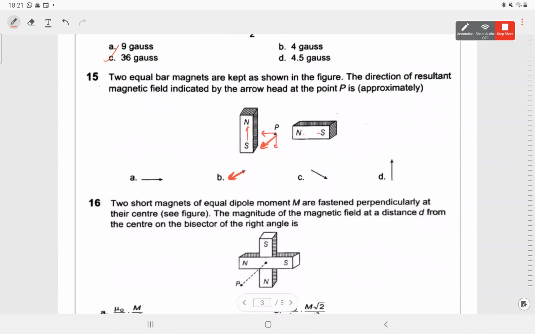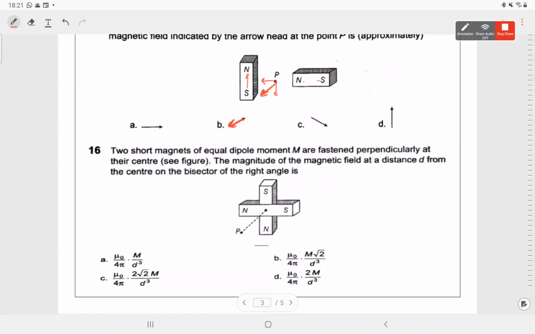Number 16. Two short magnets of equal dipole moment are fastened perpendicular to their center.